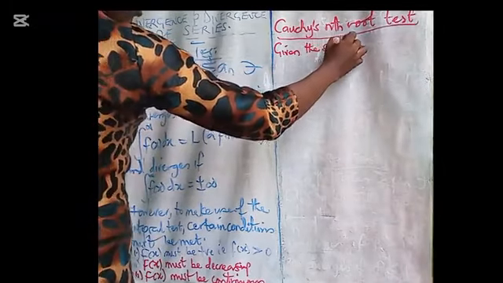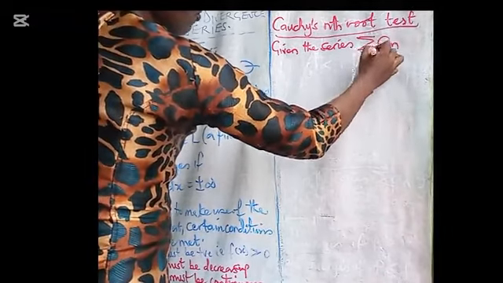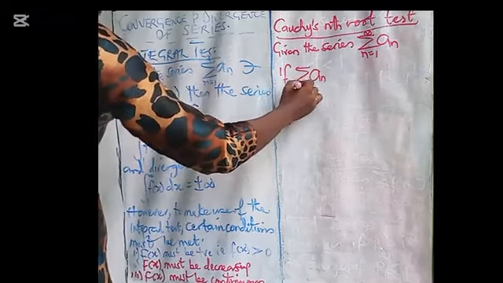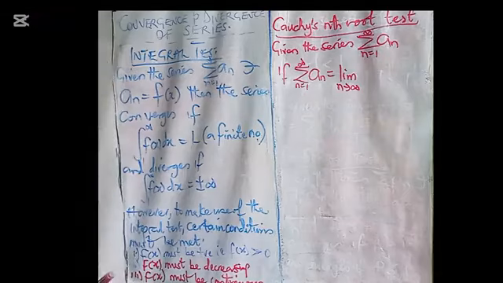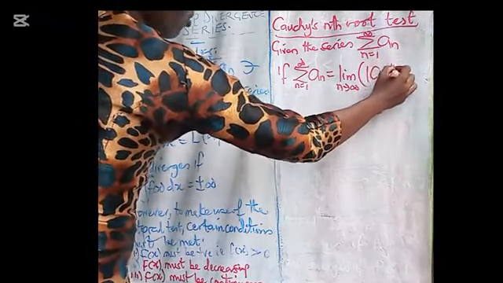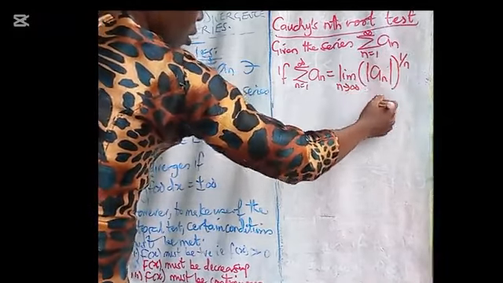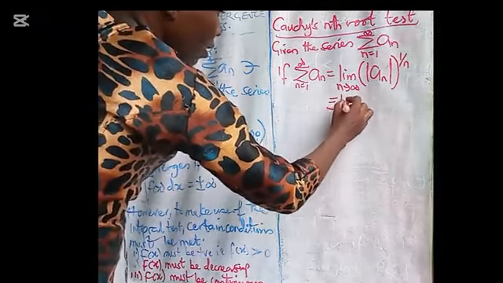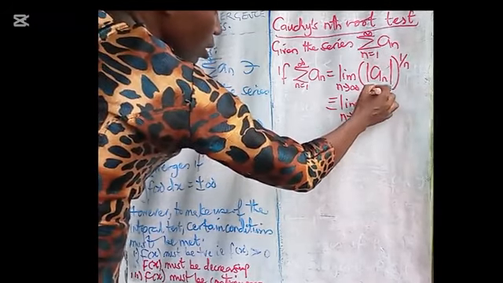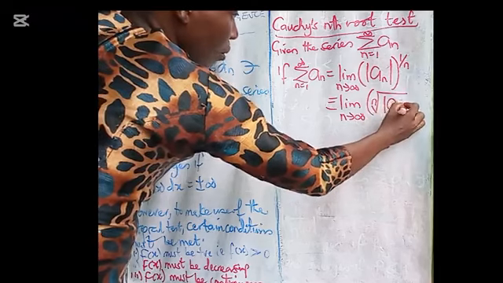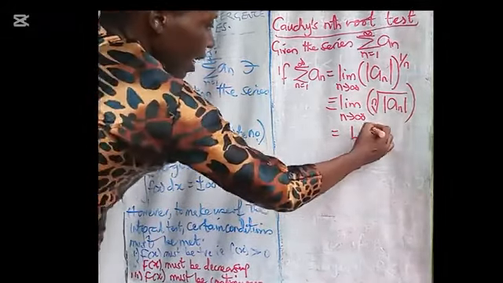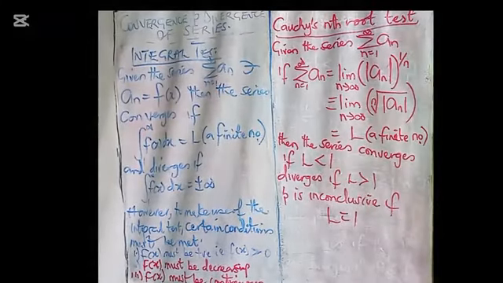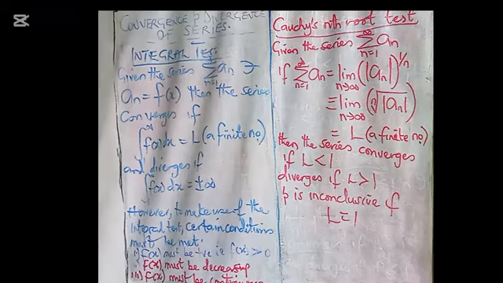Given the series summation a sub n as n moves from 1 to infinity, if the limit as n tends to infinity of the absolute value of a sub n raised to power 1 over n, or we can change that and have it as the limit as n tends to infinity of the nth root of the absolute value of a sub n, is equal to L, which is a finite number, then the series converges if L is less than 1, diverges if L is greater than 1, and is inconclusive if L is equal to 1.